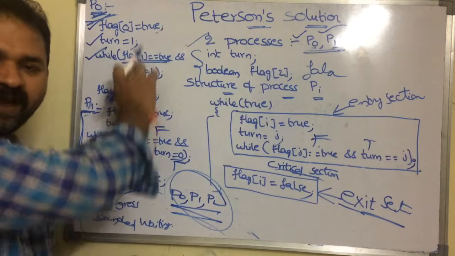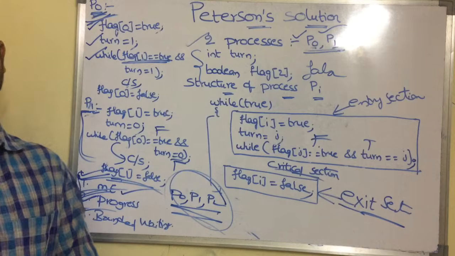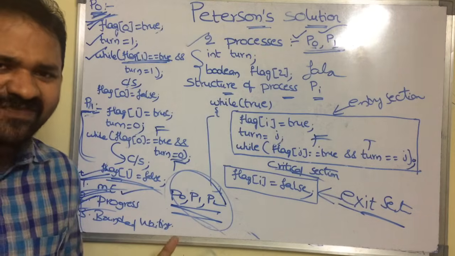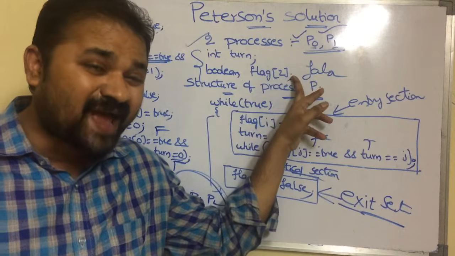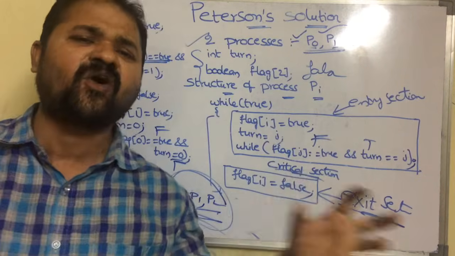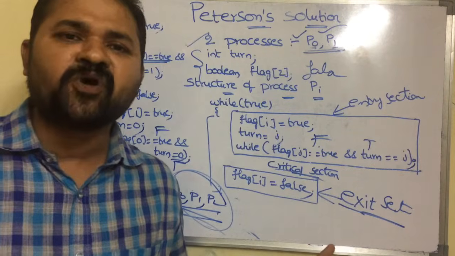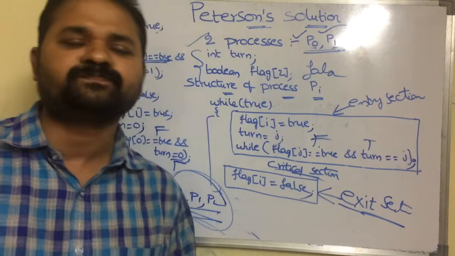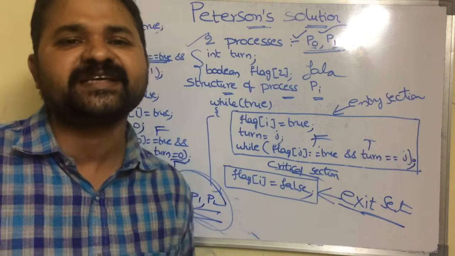Let us assume that now P1 is not interested to enter into the critical section. So what is the initial value of flag of 0 and flag of 1? The initial value of flag of 0 and flag of 1 is false. It specifies that initially P0 is not interested to enter into the critical section, as well as P1 is not interested to enter into the critical section.